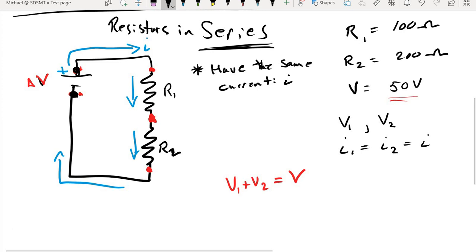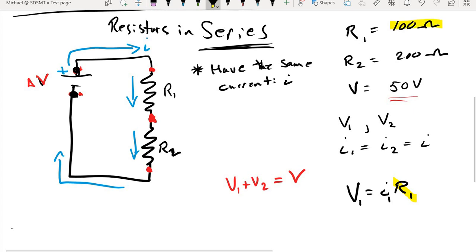Now, from Ohm's law, we know that there is a relationship between potential difference, current, and resistance. And if we modify this equation to consider only resistor 1, then we have the resistance of resistor 1, which is 100 ohms.